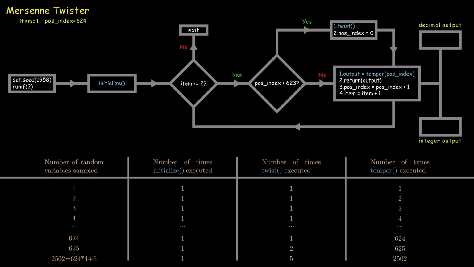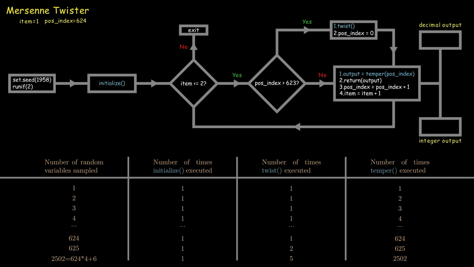Once it takes on the value 624, we are back to that upper branch, and the twist operation will be executed a second time. Therefore, the twist operation is executed once for every 624 variables. The twist operation will twist each of the 624 numbers in the grid.